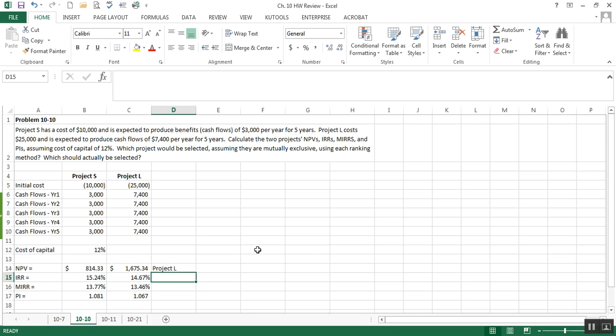Looking at the IRRs, it's going to be Project S. Looking at the MIRRs, again, it's Project S. And looking at the profitability index, it's Project S. So that's looking at the ranking system. However, the actual project that we would choose would most likely be Project L because it has a higher NPV. Therefore, it adds more value to the firm. So we should choose Project L.